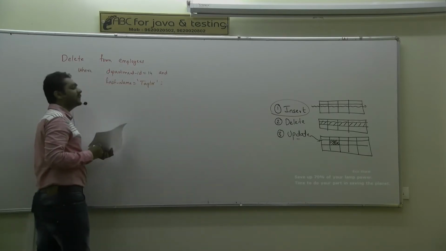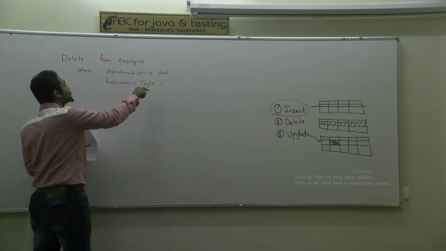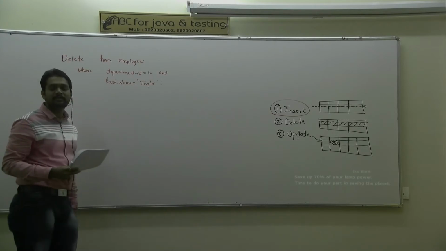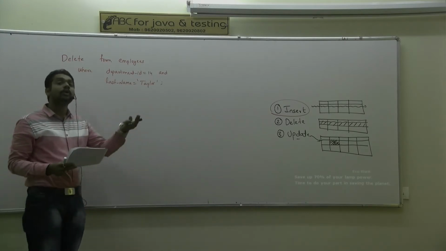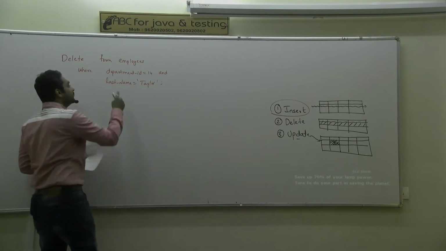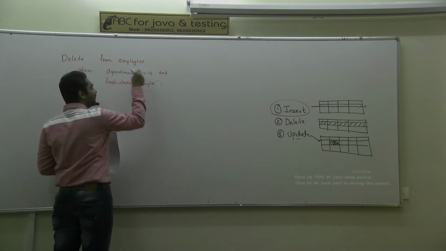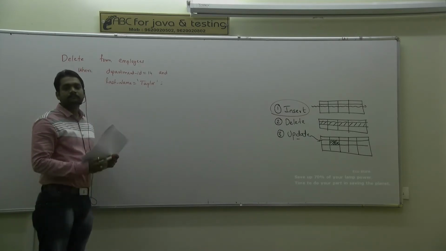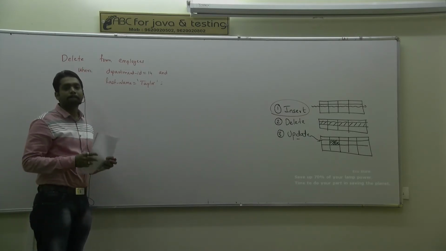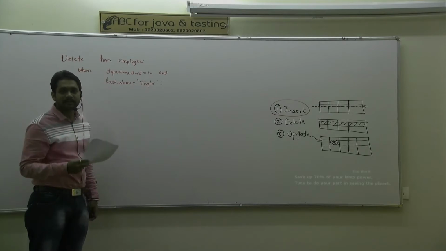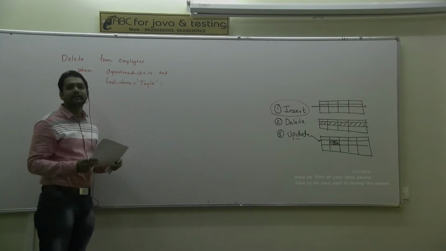Wherever department ID is 14 and last name is Taylor, from there delete one row is what you are telling to database management software. Anyway, go to employees table in your book. See whether Taylor last name and department ID 14 is present or not. Is it present? Let us see whether it is getting deleted or not.